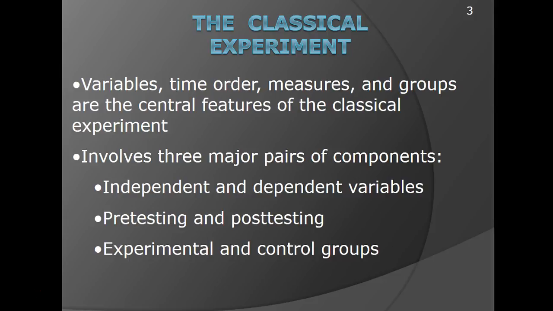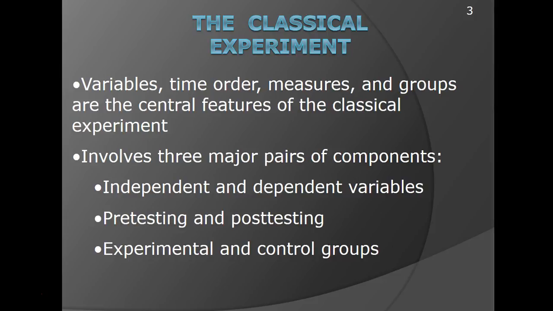So we might do a pre-test of recidivism rates for inmates that did not receive the treatment. And then we might have the post-testing, which would be the recidivism rates following participation in a program.